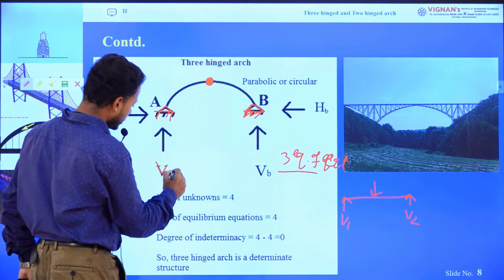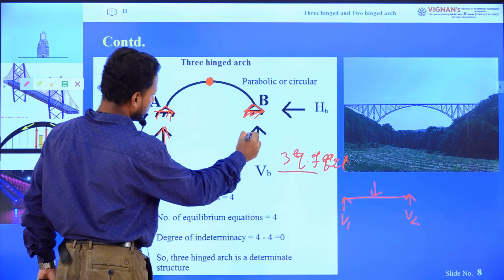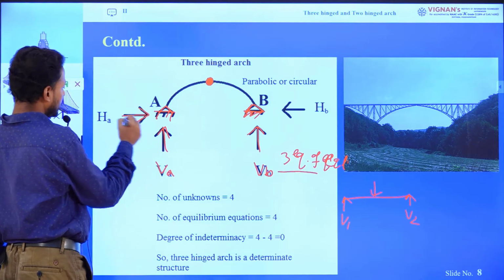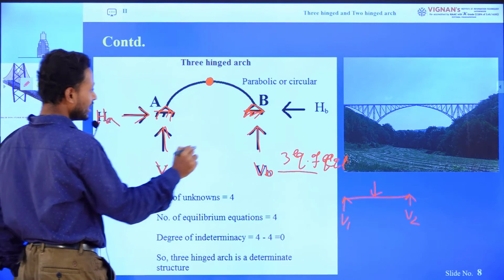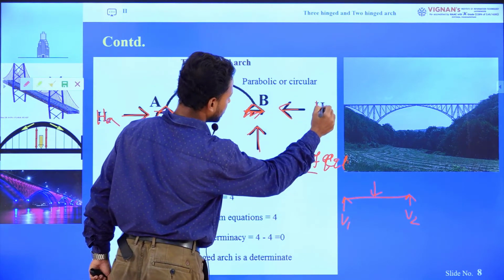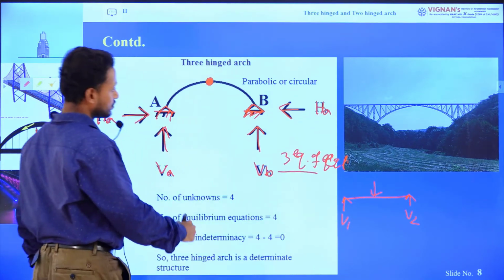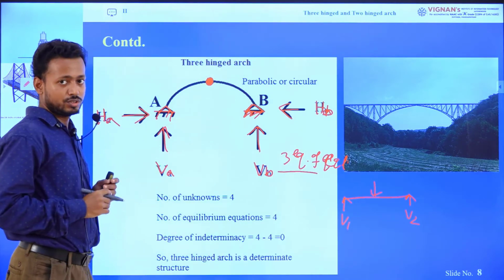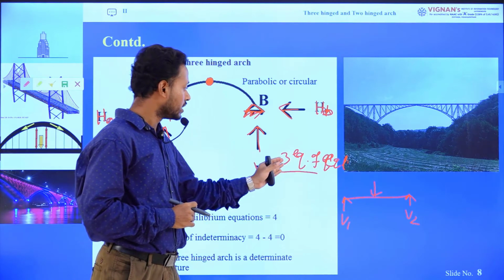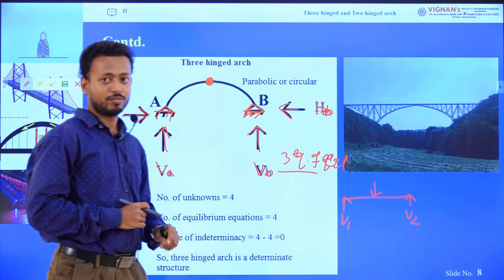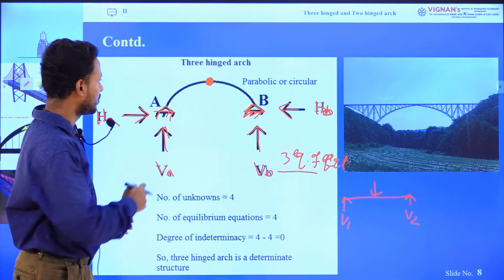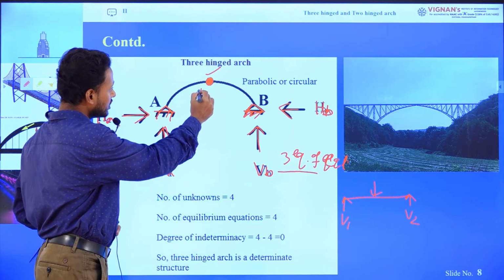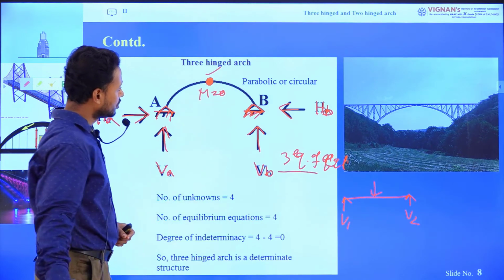One is VA acting upward, another is VB also acting upward, another is HA, another is HB. So we have 4 unknowns and only 3 equations of equilibrium, but we have 1 extra hinge at this point. So at this point the moment will be 0.